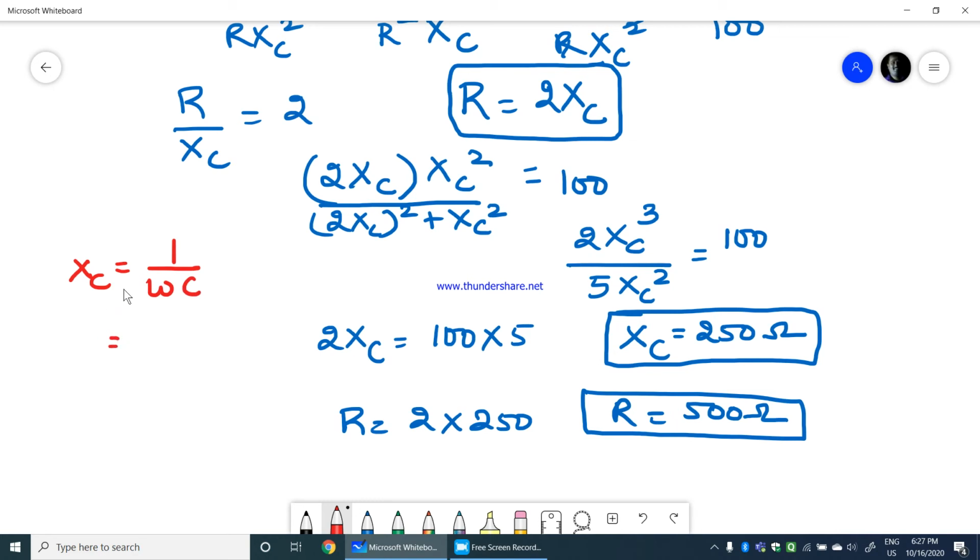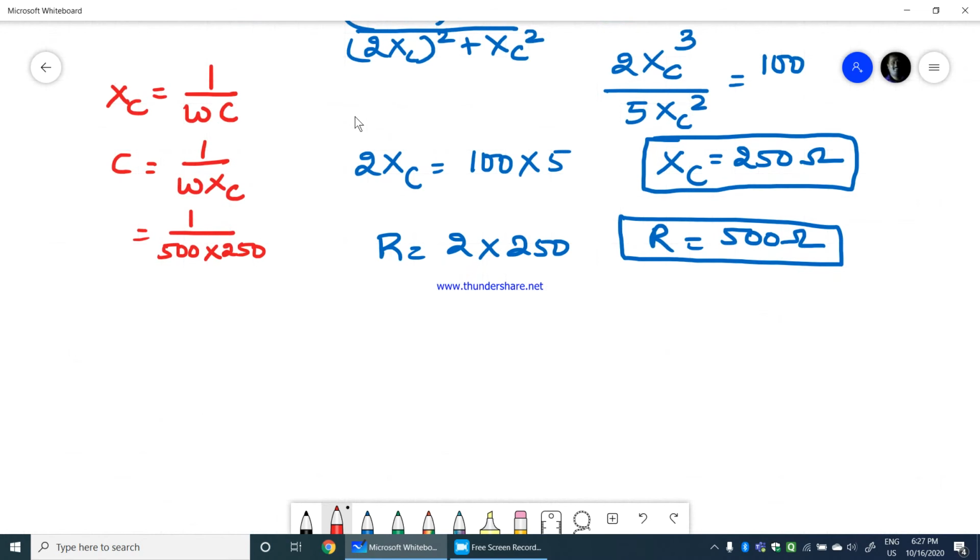In the question we already know that omega is given as 500. So C would be equal to 1 over omega into Xc, which is 1 over 500 into 250. If you solve this, you will get C equal to 8 microfarad.